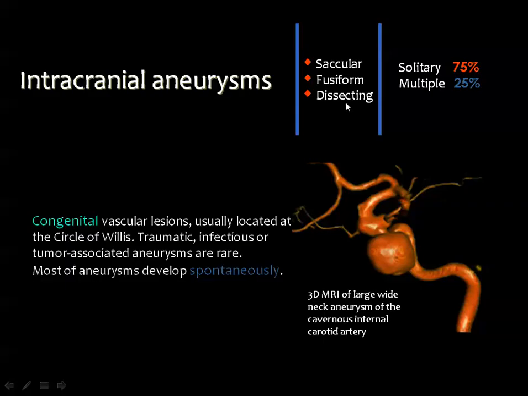Aneurysms may be solitary, and this is common in about 75% of cases, and may be multiple in about 25% of the cases. And the aneurysms usually develop spontaneously, and in many cases they are asymptomatic until rupture occurs.